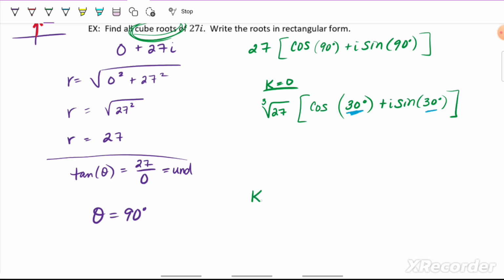So when k is equal to 1, and I'm going to do some cleanup with this eventually and rewrite it in rectangular form, I just want to get the 3 roots written. So again, we're going to have the cube root of 27 times cosine, but this time our angle is going to be 30 plus 120.